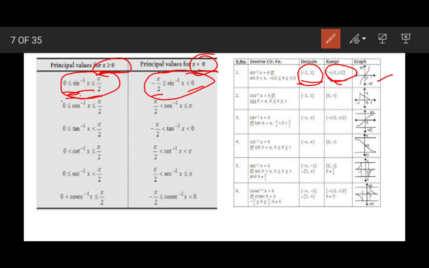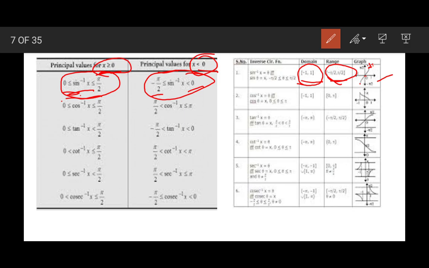Now see the graph. When the angle is 0, then the value is 0. When the angle is pi by 2, then the value is 1, this point. Similarly, when the angle is minus pi by 2, then the value is minus 1.